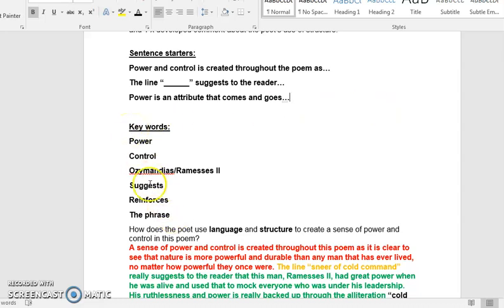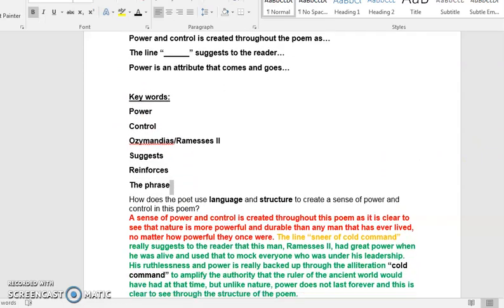Hopefully you can use these as well. Power, control, Ozymandias, Ramesses II, who is also known as a pharaoh leader in ancient Egyptian times. We've also got suggests, reinforces, and the phrase. So these keywords and sentence starters, if you are struggling, will really help you if you are stuck for ideas.